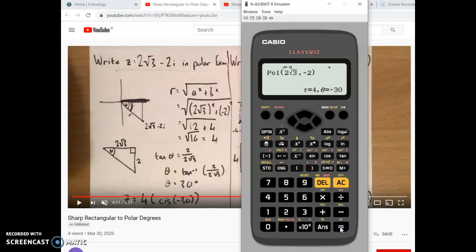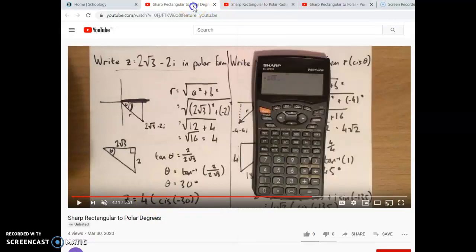And 4 cis minus 30 is exactly what I would expect. So it's done that one correctly for me first time round.